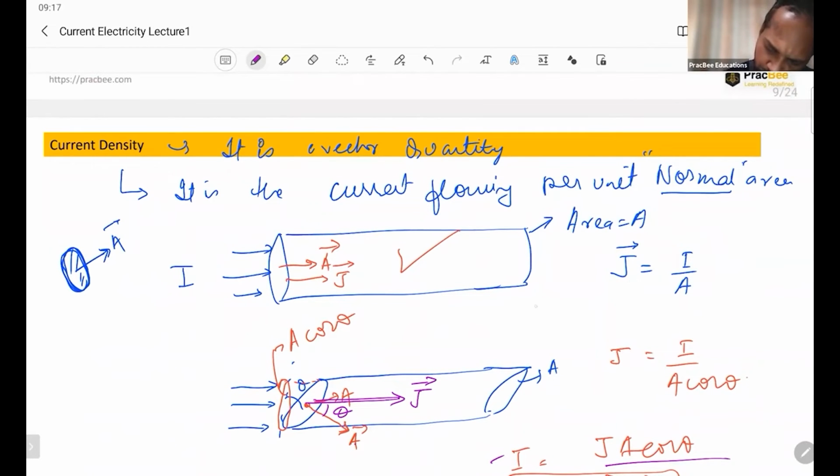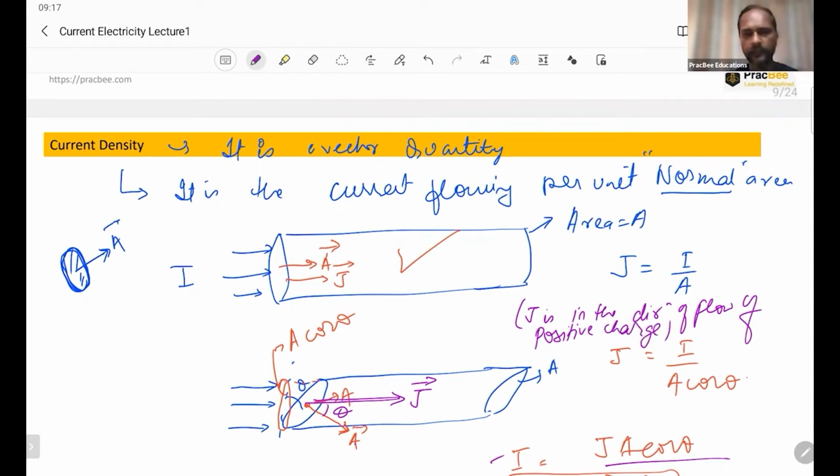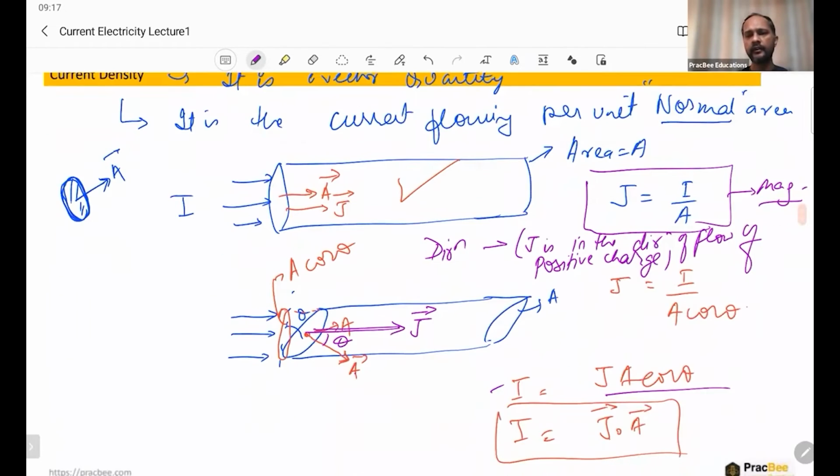If this is confusing you, I'll write here J is in the direction of flow of positive charge, and the direction in which positive charge is flowing, that is the direction of current. So J is in the direction of current. Got this? This will help you. Magnitude of J is I by A. Direction of J is as stated, because a vector has magnitude and direction.